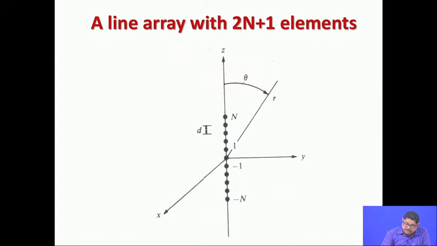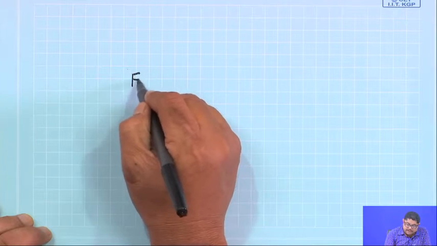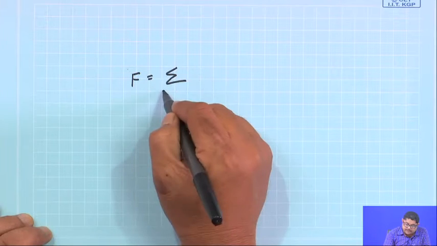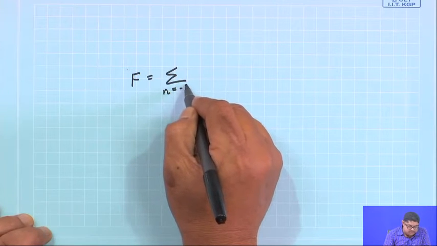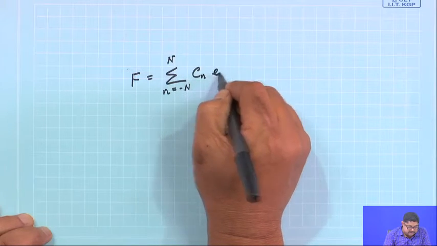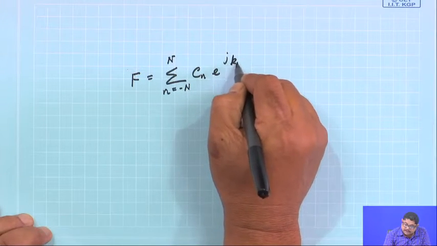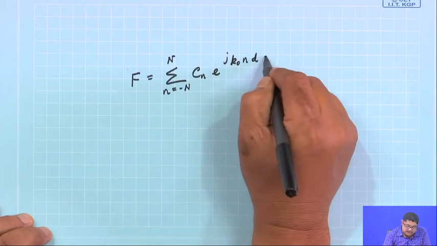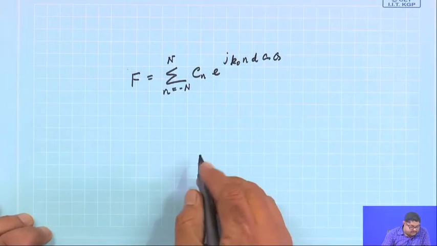So, the array factor we can write as the sum from n equal to minus N to N of Cn e to the power j k0 n d cos theta.